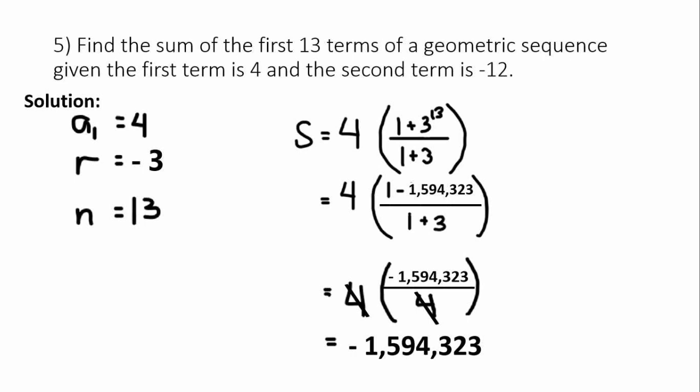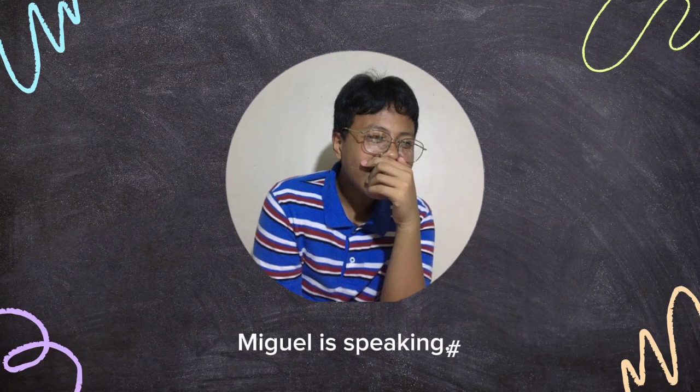S equals 4 times 1 plus 3 raised to 13 over 1 plus 3, equals 4 times 1 minus 1,594,323 over 1 plus 3, equals 4 times negative 1,594,323 over 4. The final answer is negative 1,594,323.